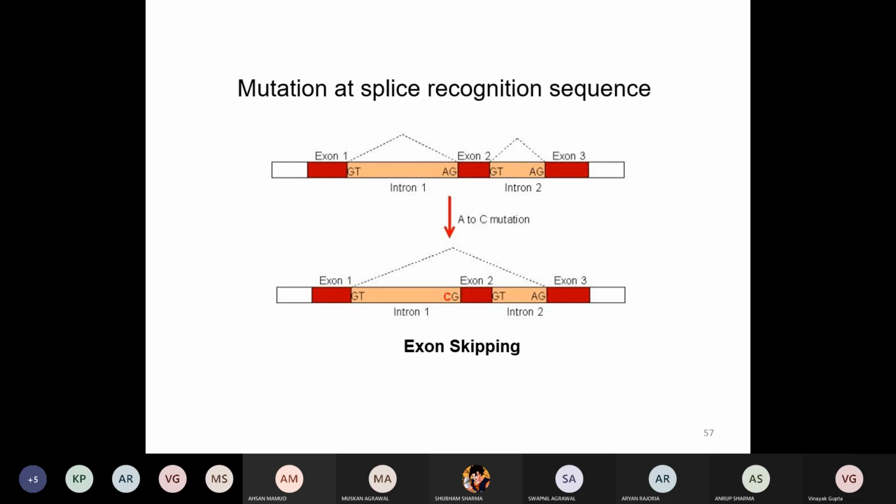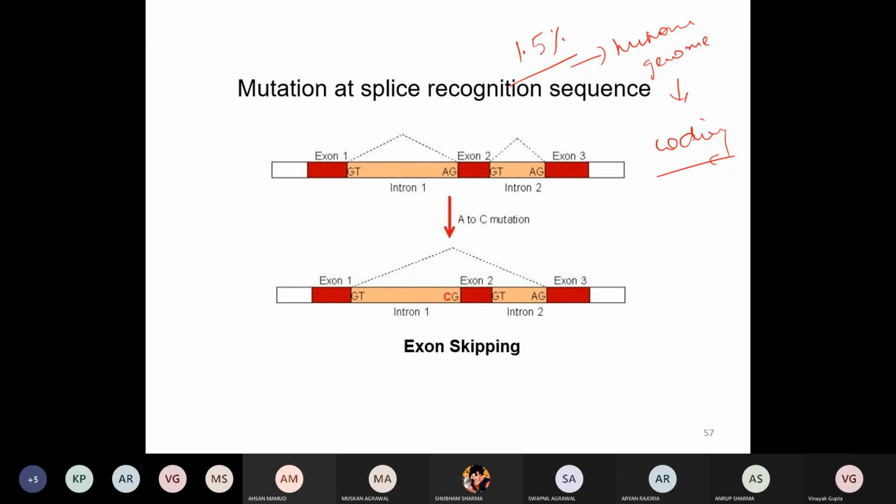An amazing fact, according to the Human Genome Project, you will be surprised to know that only 1.5% of the human genome is actually the coding part. That is a very surprising thing.